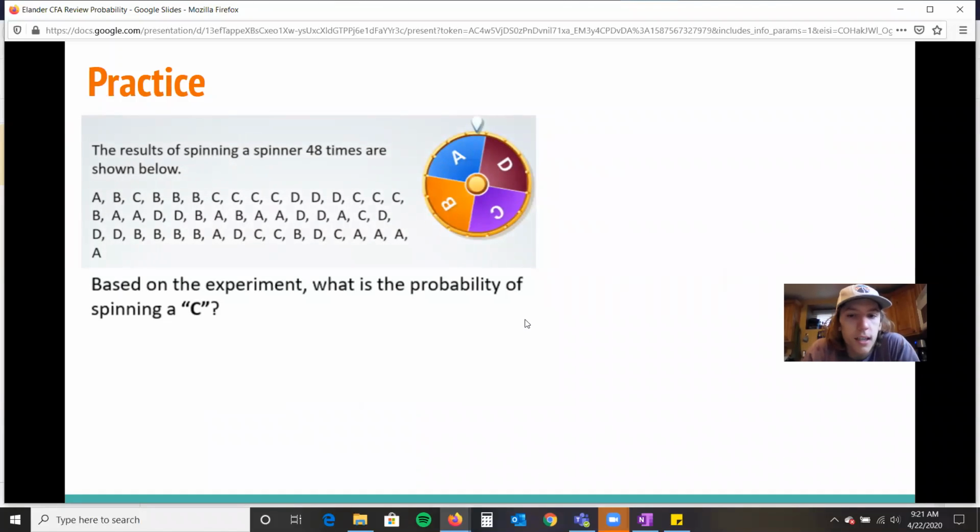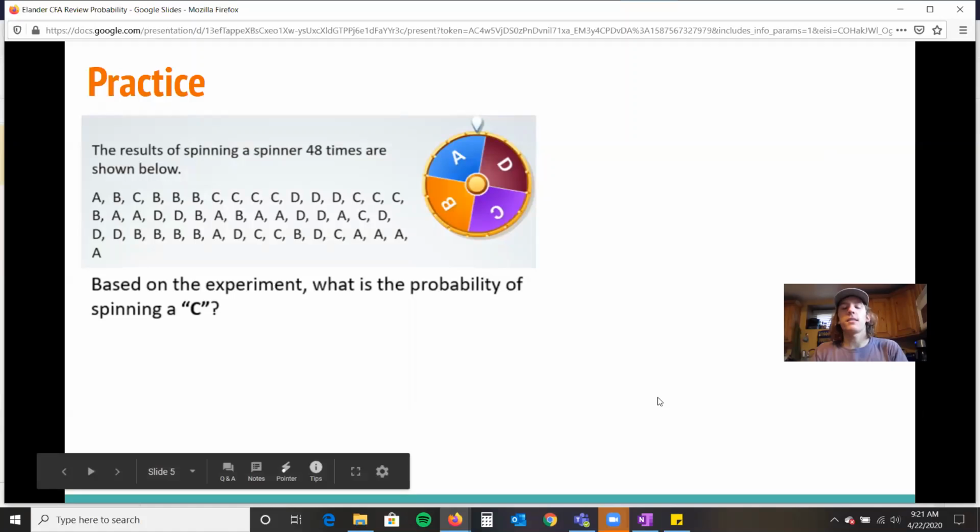So here's another experimental probability. If we have a spinner that has these 4 sections, and we spin it 48 times, that's a lot of spinning. My arm would probably get tired. But if we spin that thing 48 times, and we get these results, A, B, C, B, B, B, C, C, based on the experiment, what is the probability of spinning a C?